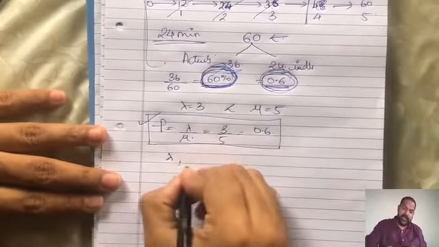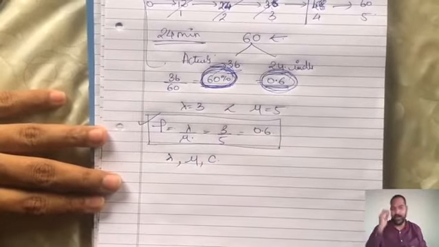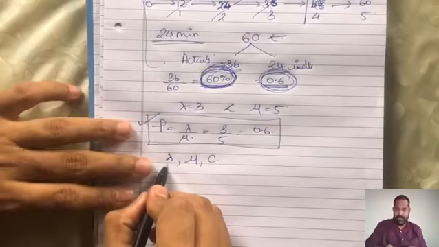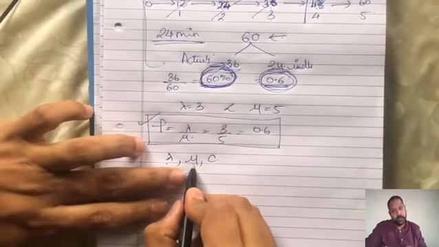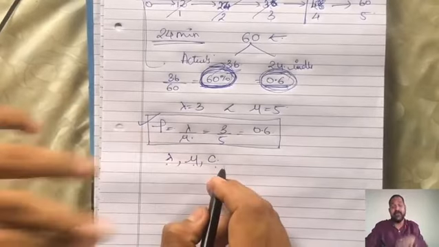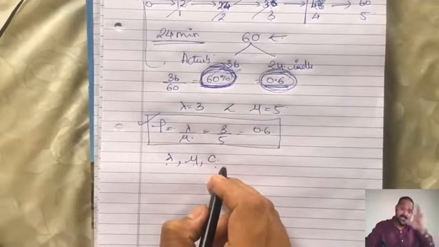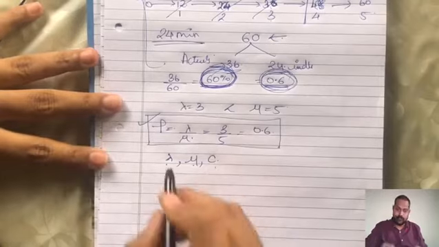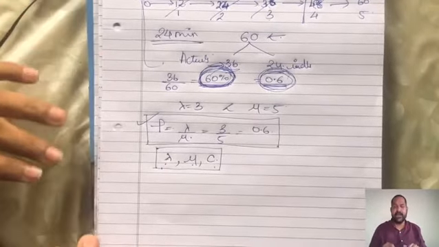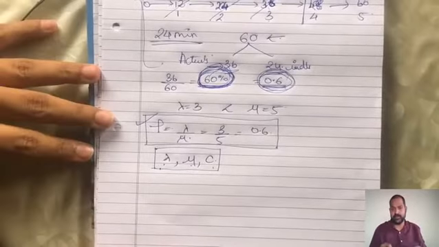So can I say a queuing system has three parameters. Parameter number 1, lambda, which is the arrival rate. Parameter number 2, mu, which is the service rate. And parameter number 3, C, which is the number of servers. And if you give me these three things, I can tell you anything about the system.